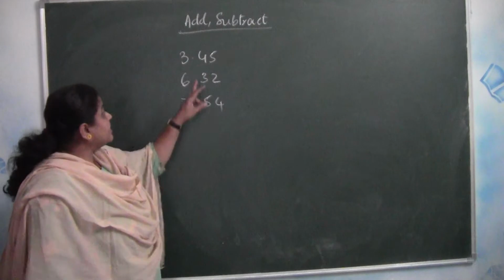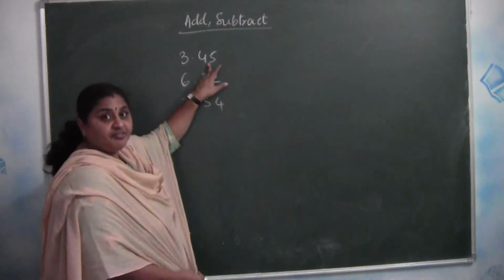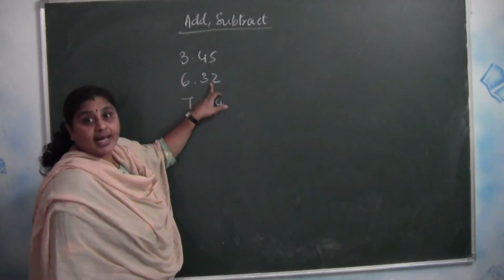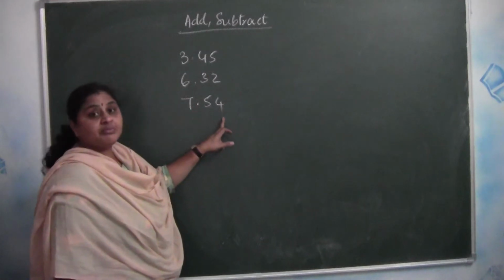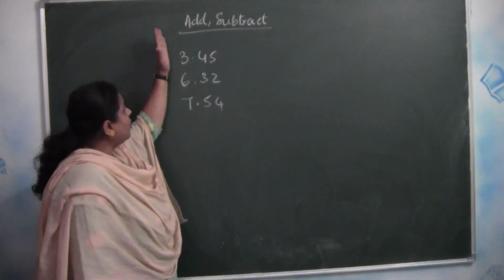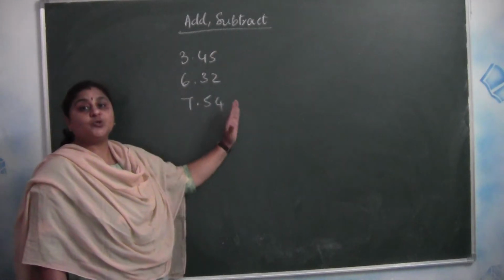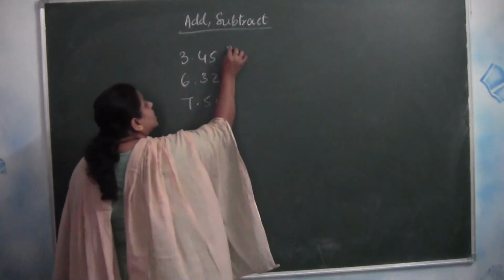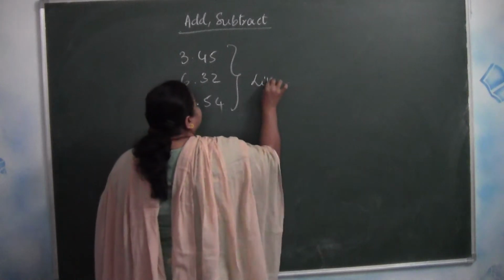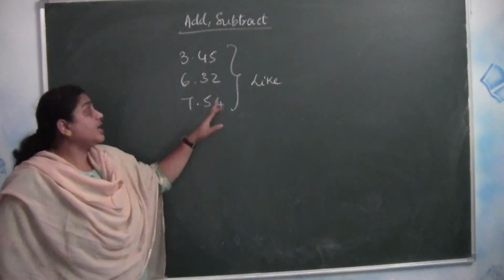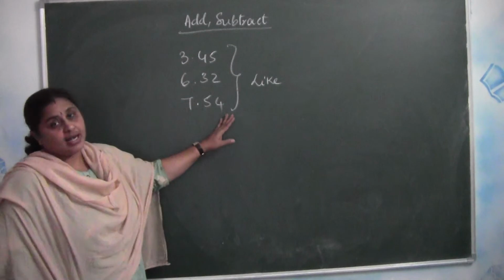Now if you see these decimals, after the decimal I have 2 digits in each of the 3 numbers. Therefore, these are called like decimals. Got it?